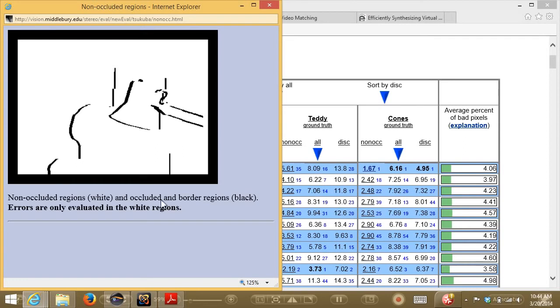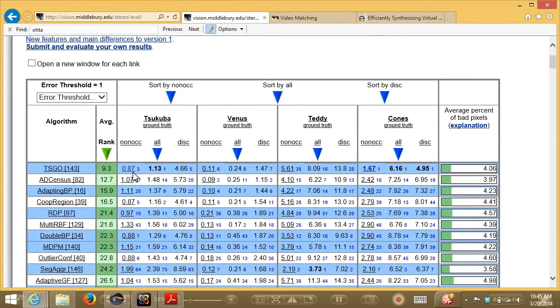So, for example, here there are a bunch of things behind the table lamp that one of the images never saw, and so I can't evaluate the performance of a stereo algorithm on those occluded pixels. And so here, this is saying that my measure is 0.87 over all non-occluded pixels, right?